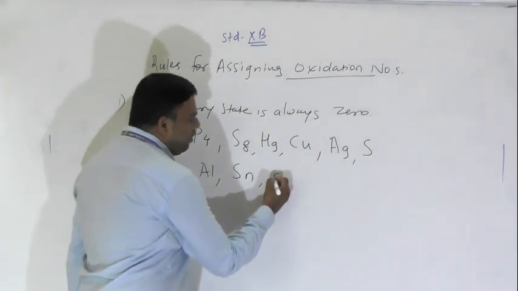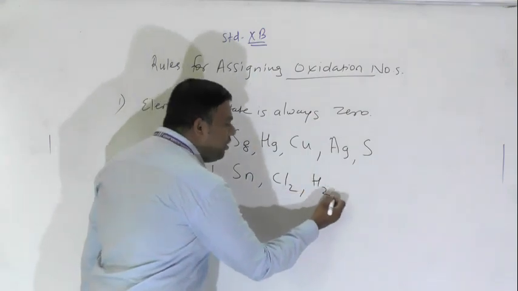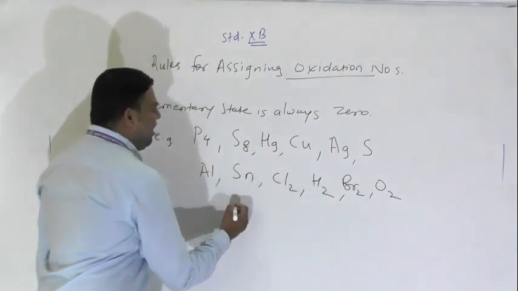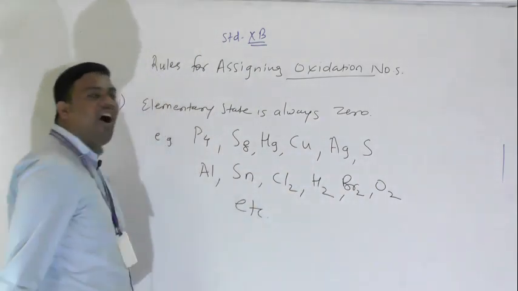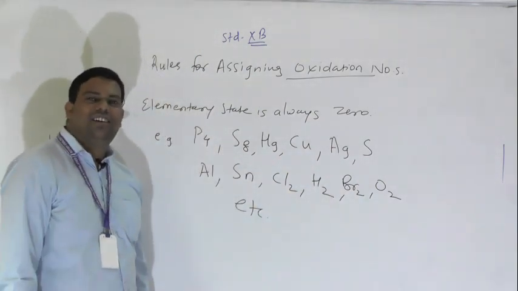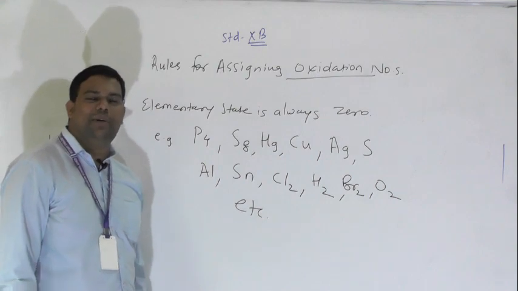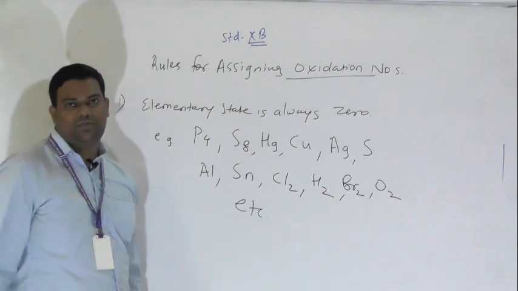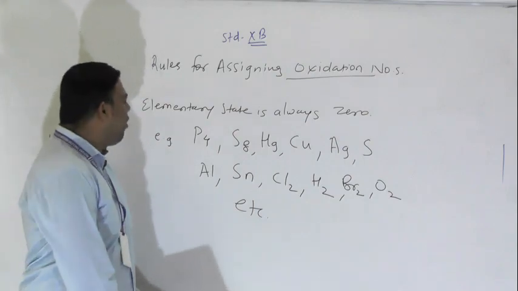For example Cl2, H2, Br2, O2, etc. All of these show how much oxidation number in their elementary state? Always 0. Keep this in mind.